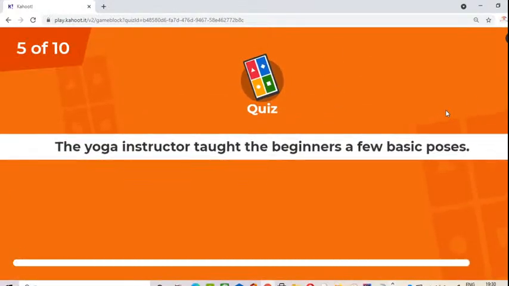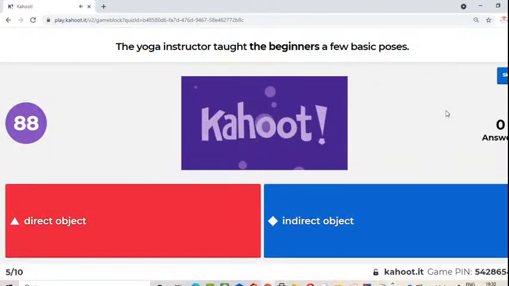The yoga instructor taught the beginners a few basic poses, okay? The beginners, whether they are the indirect object or the direct object, you have to find out.